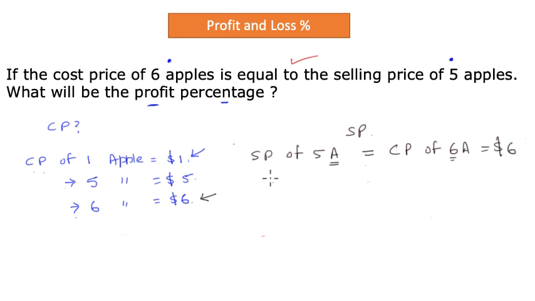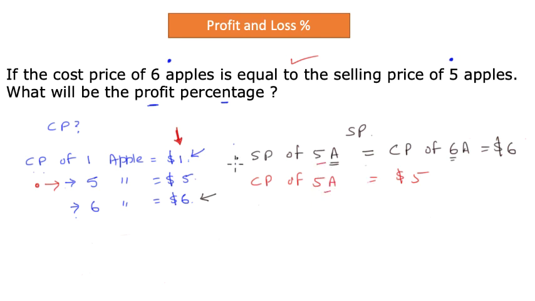Simple enough, right? And from this specific assumption, we know that the cost price of 5 apples is equal to $5. By making this simple assumption at the very beginning, we know the cost price of 5 apples and we know the selling price of 5 apples.